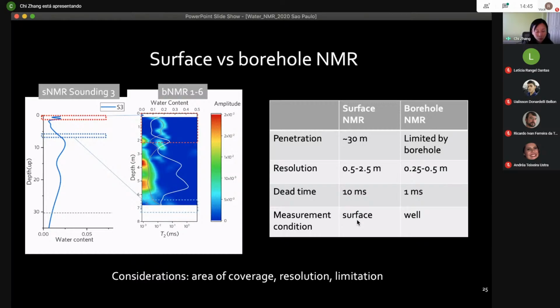And currently we're working on simulating the response of the surface NMR under this 10 millisecond dead time, and then trying to synthesize part of the missing data to make up the part of the signals which cannot be recorded using this setup here.